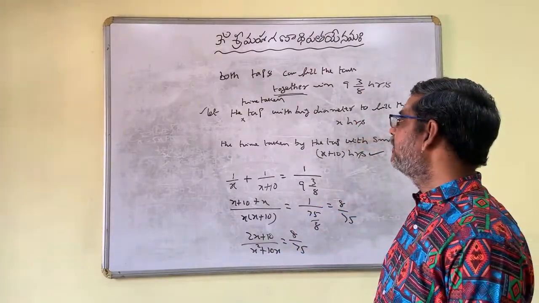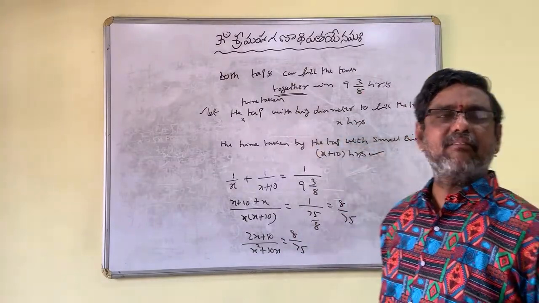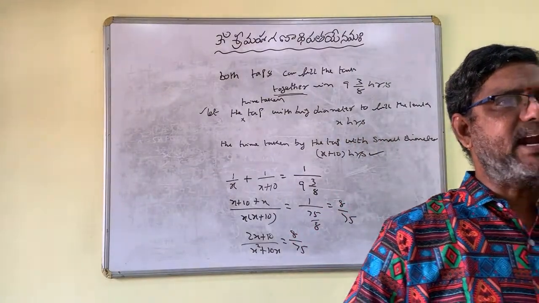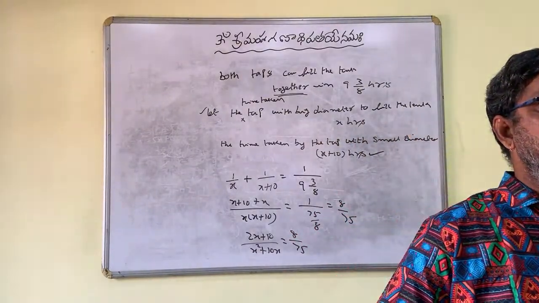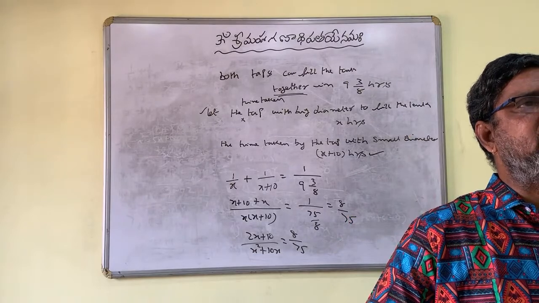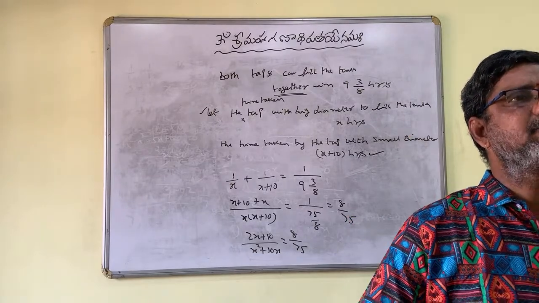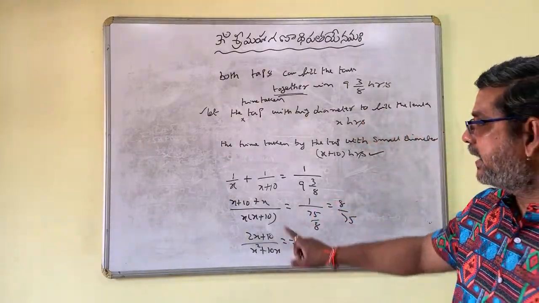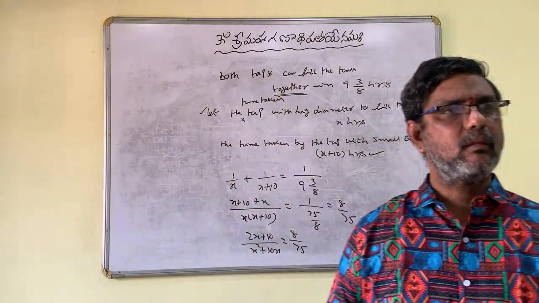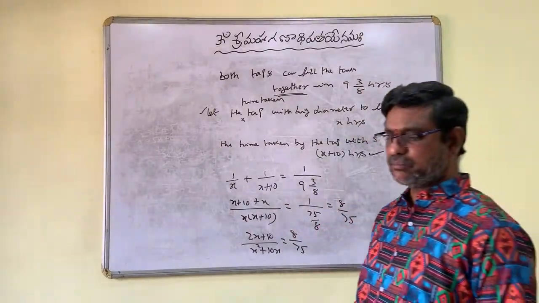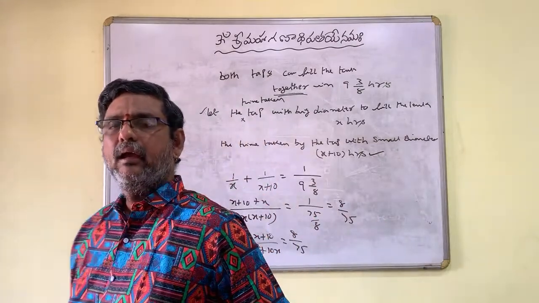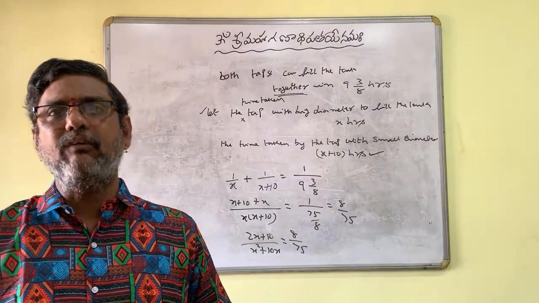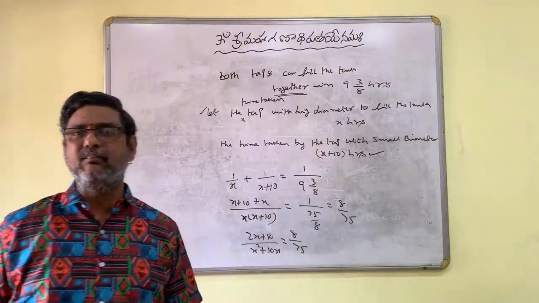In the same way, here the tap which is having larger diameter, it alone can fill the tank in 10 hours. So in 1 hour how much work is completed? 1/x in 1 hour. In the same way, the tap which is having smaller diameter takes x plus 10 hours to fill the tank. So in 1 hour it can complete 1/(x plus 10) of the work.